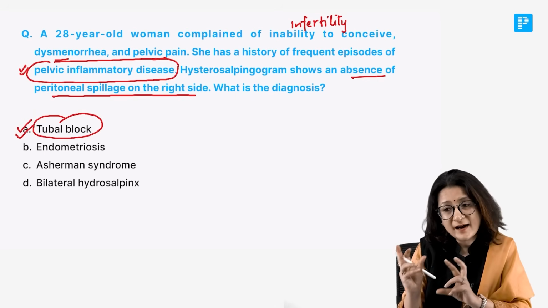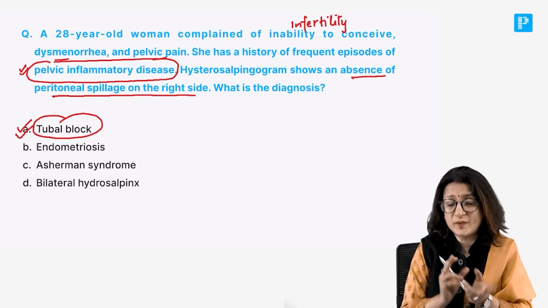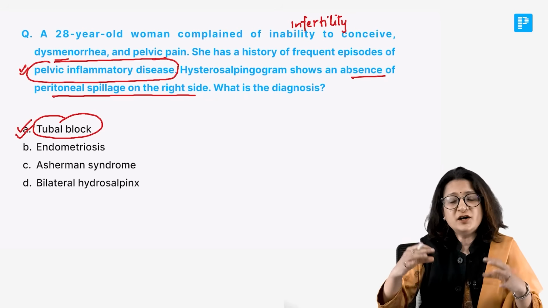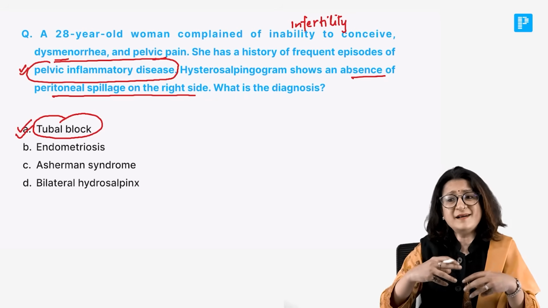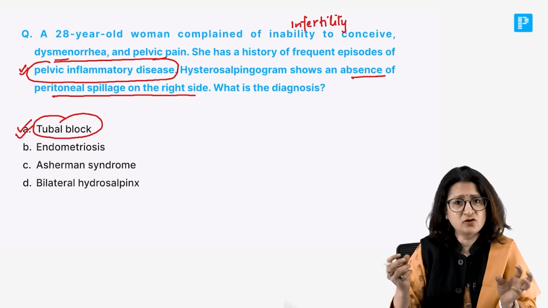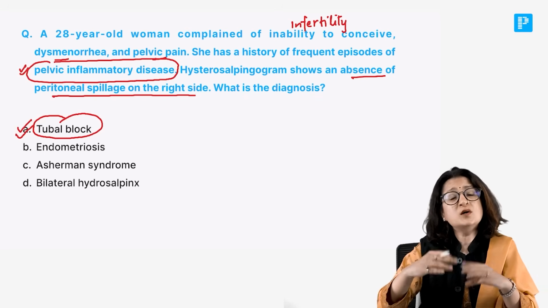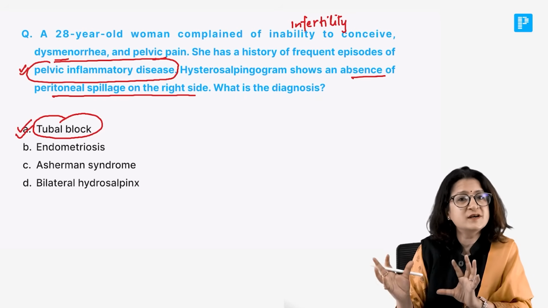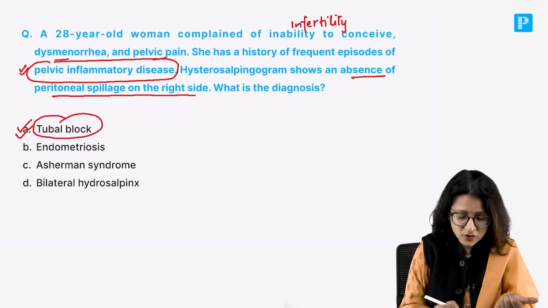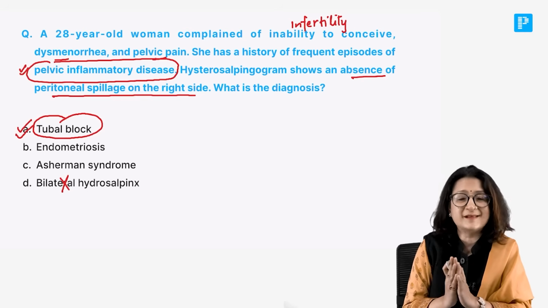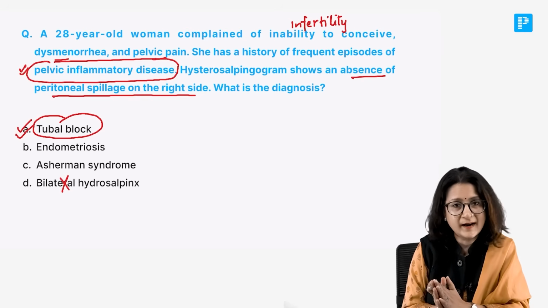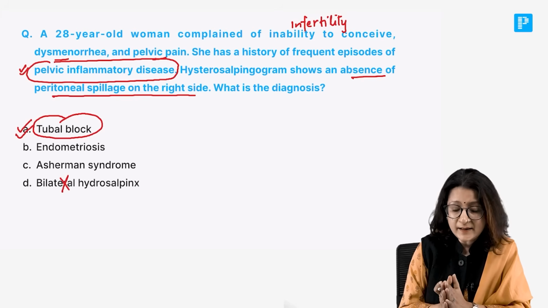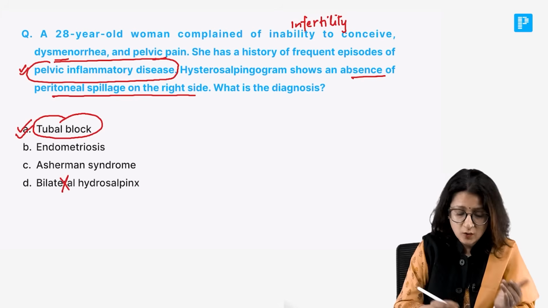Now bilateral hydrosalpinx, you may have gotten confused, but if it were bilateral hydrosalpinx, then they will tell you that the tubes are dilated on both sides, and there is no spill of dye coming from both the sides. So the description would have been slightly different. So it's not bilateral hydrosalpinx, that's why that is not the answer. Don't get confused. The answer here will be tubal block, right? And endometriosis does not cause tubal blockage.